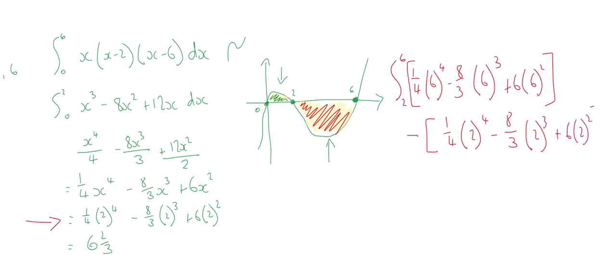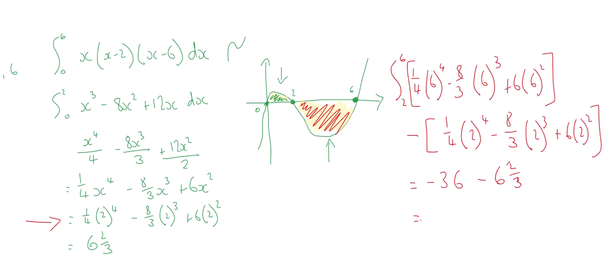And again, if you type all of that into your calculator, this first bit will be negative 36, and the second bit will be 6 2/3. Now, really, I probably didn't need to bother writing out the second bit because isn't that exactly what I did before? I put 2 in, so I should have known that the answer was going to be 6 2/3. So you really don't need to do this second bit, but I was just trying to write it out to be helpful so you can see it all.